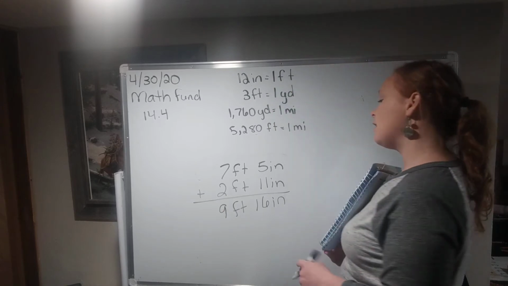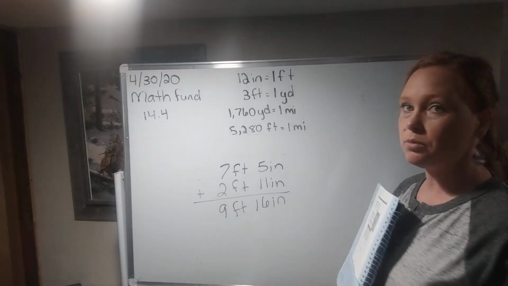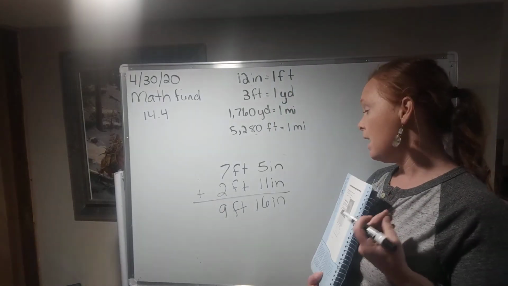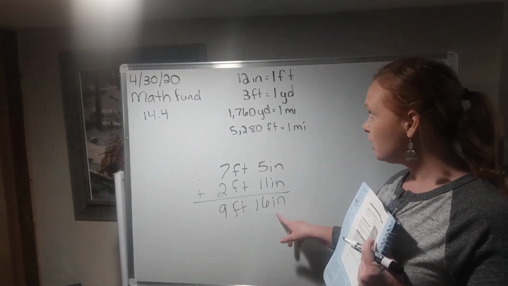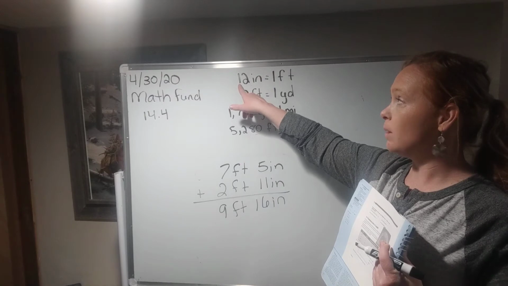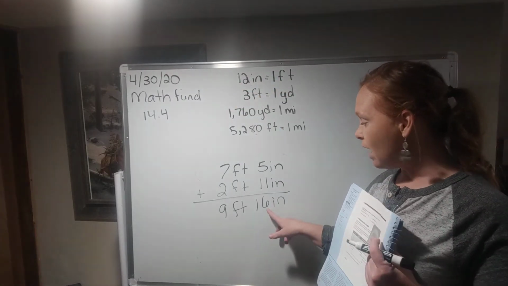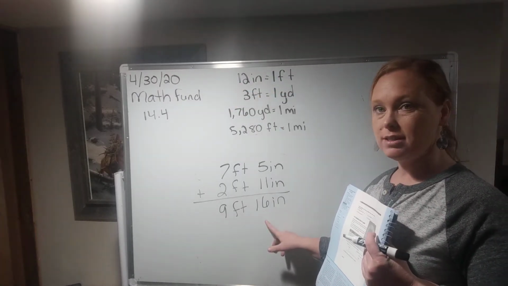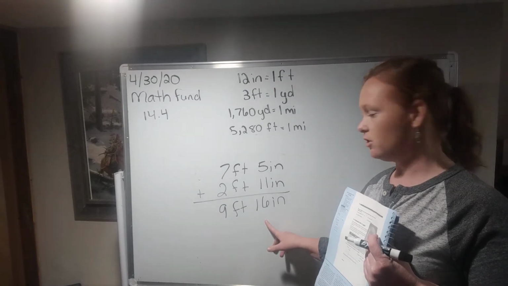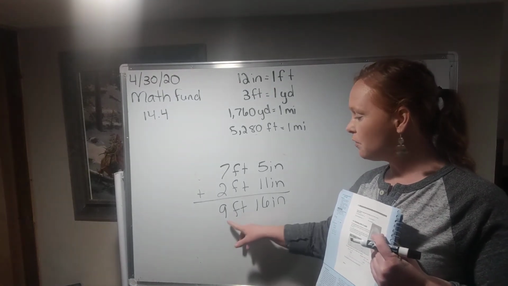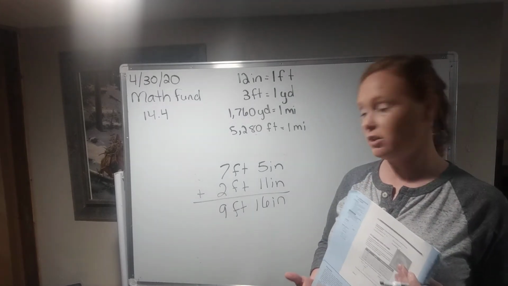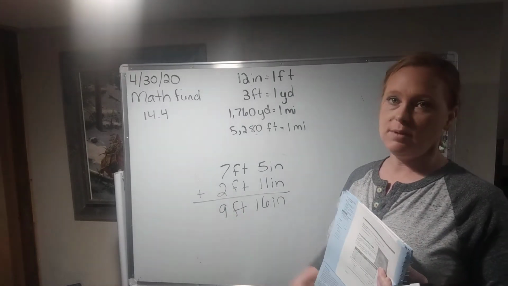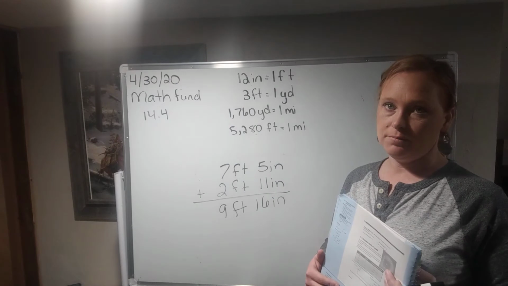Okay, now our answer is 9 feet 16 inches, but what we have to say to ourselves is, am I done? Is this a good measurement? Well, when I look at inches, I know that there are 12 inches in a foot. So I want to take my inches that I can use. Remember, we did this with fractions as well. And I want to convert as much as I can into feet. If you're doing a building project on a house, you want it to be in feet with the leftover inches. Okay?